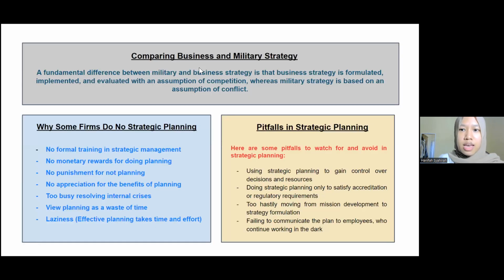So the next is about comparing business and military strategy. In the book, it is also stated that sometimes business strategy and military strategy are compared a lot. The reason is that every kind of party must have their own strategy.